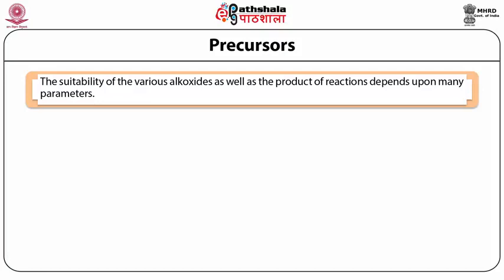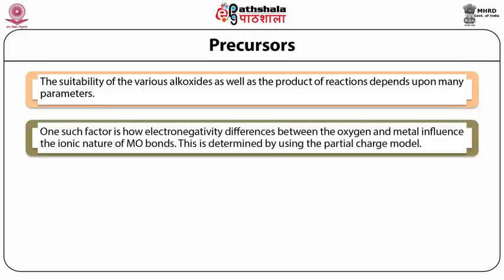The suitability of the various alkoxides as well as the product of reactions depends upon many parameters. One such factor is how electronegativity differences between the oxygen and metal influence the ionic nature of metal oxide bonds. This is determined by using the partial charge model.